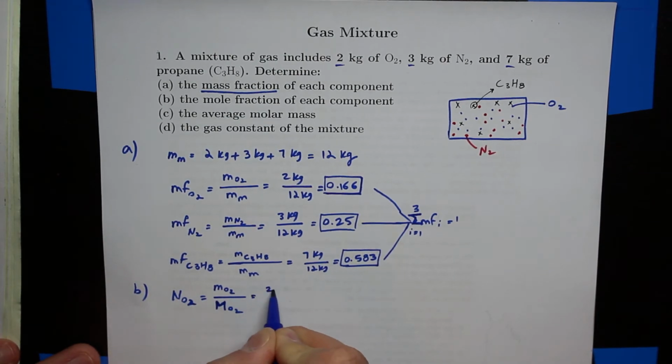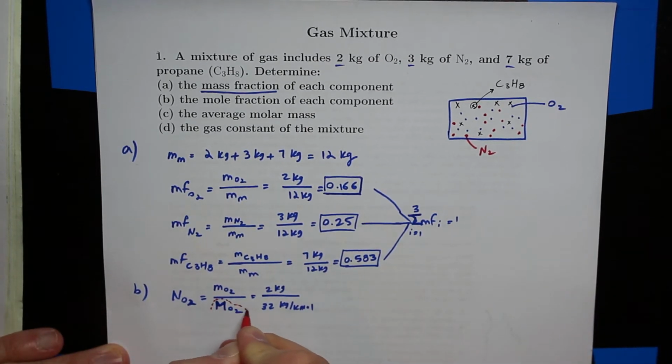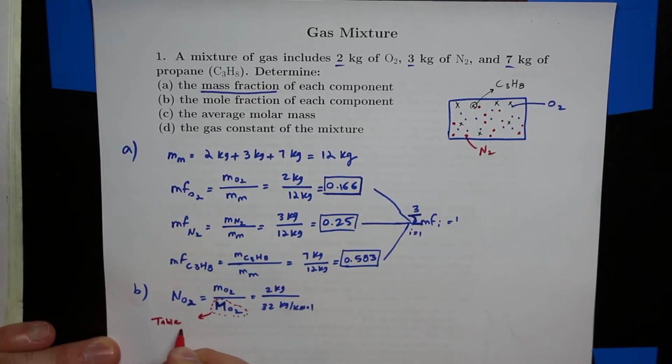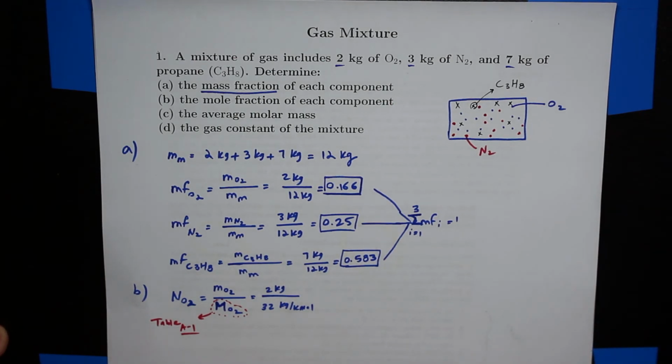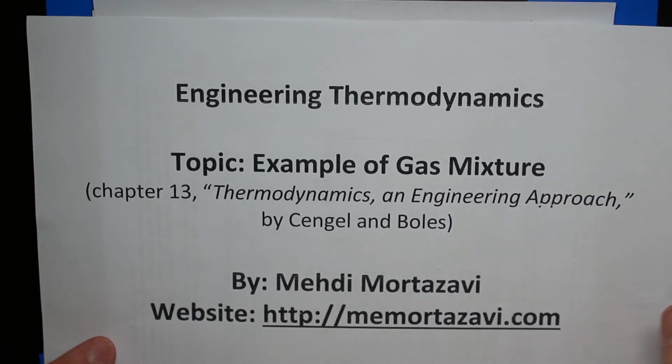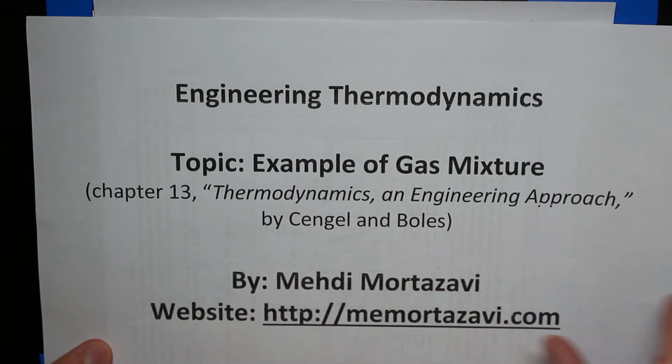So 2 kilogram divided by 32 kilogram per kilomole. Okay, so this molar mass comes from our tables, Table A1. So by saying A1, once again, I'm referring to this textbook, Thermodynamics: An Engineering Approach by Cengel and Boles.